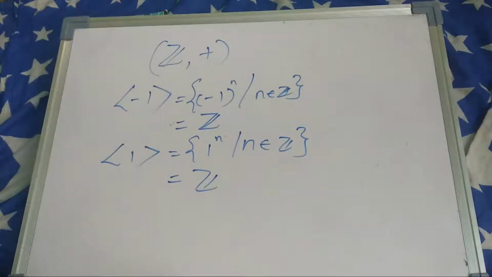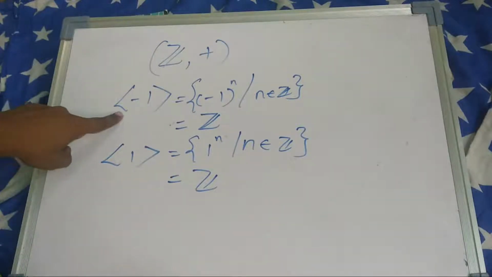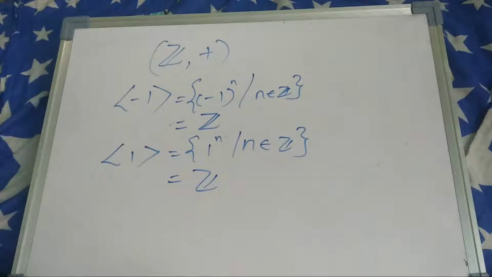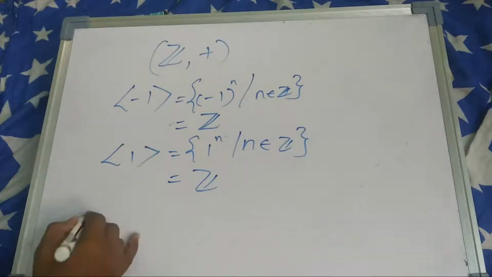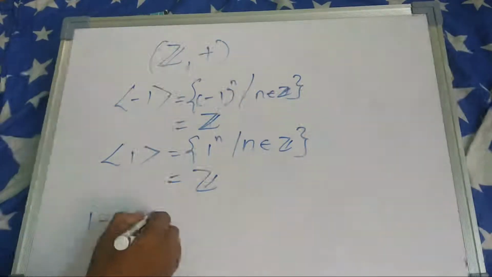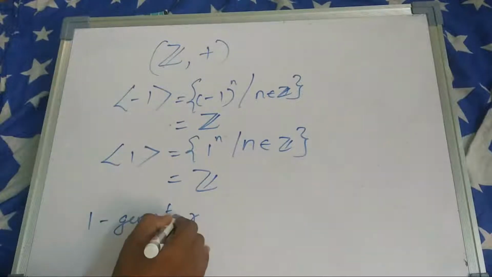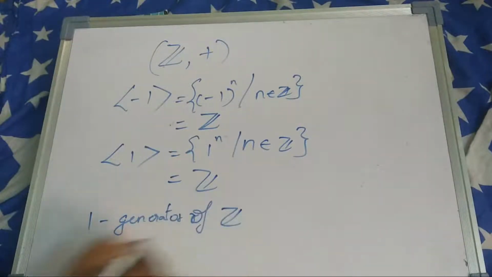So here, since 1 generates the entire Z, we can call 1 a generator of Z. So Z is a cyclic group, and if you are in need of a generator, we have 2 generators given to us explicitly, which are 1 and -1.